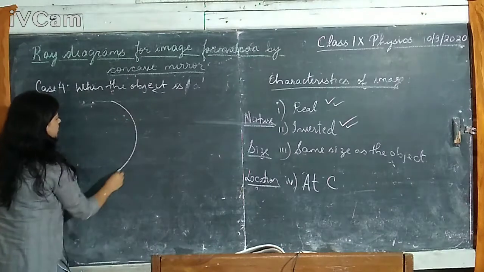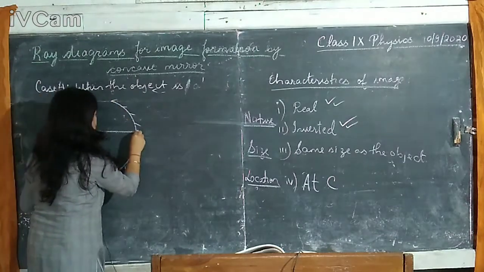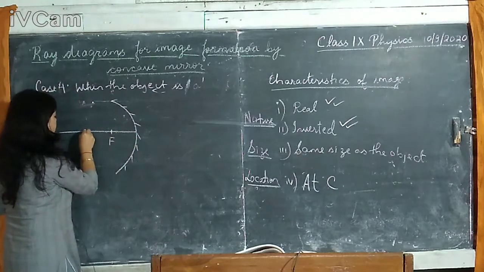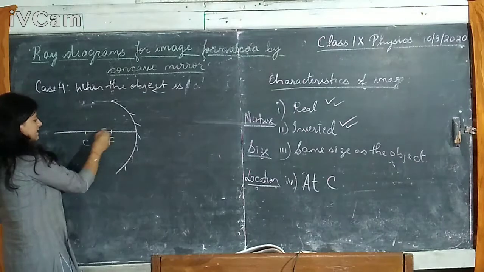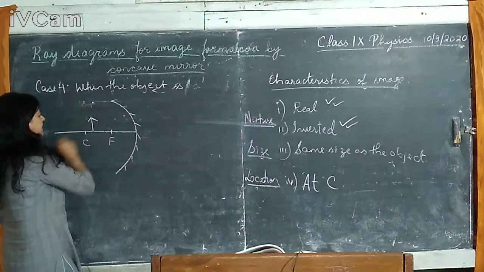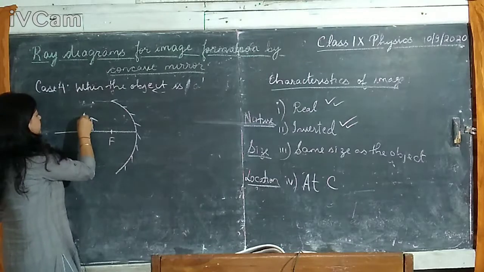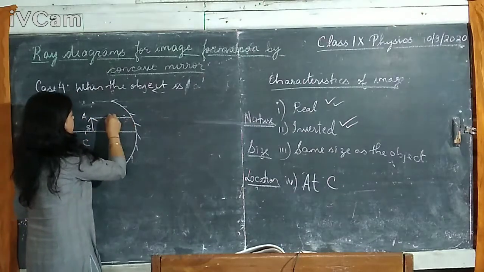Now you draw the mirror, principal axis, F, C. Now we are going to place the object inside C, but before F, that means somewhere between C and F. Okay, name of the object is A, B, ray number 1.